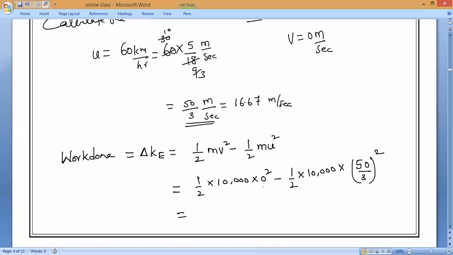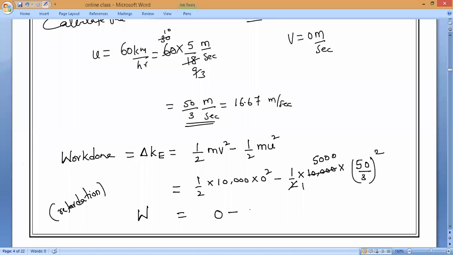Now if you notice, 0 into anything is 0. So will the final answer be negative or positive? Negative, because it is retardation. So 0 minus: 2 ones are 2, 2 5,000s are 10,000.